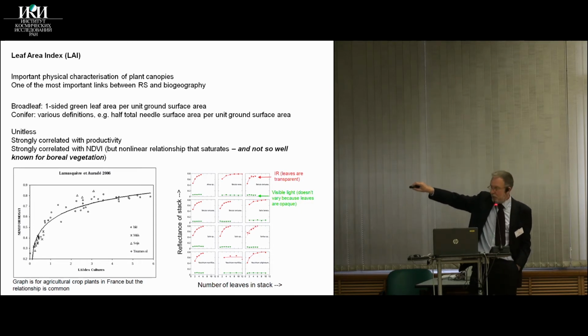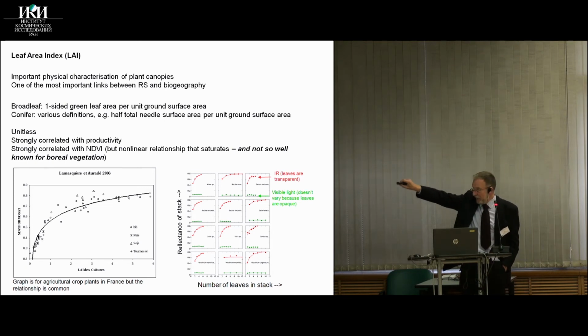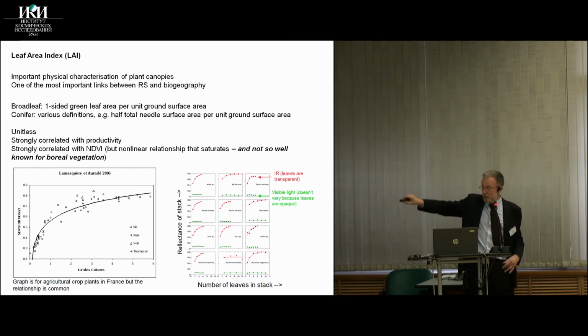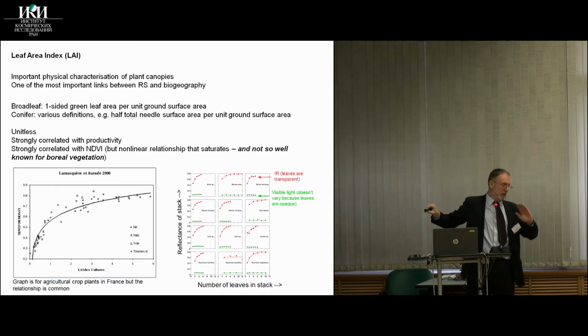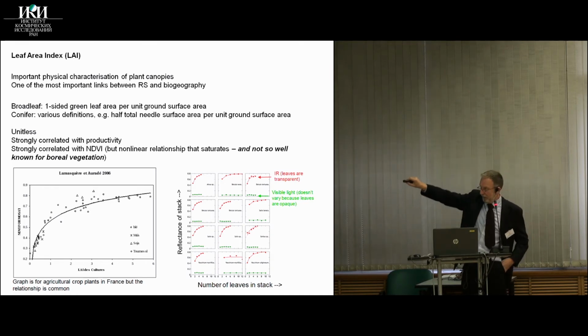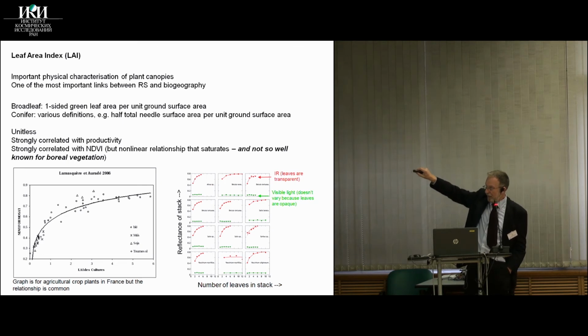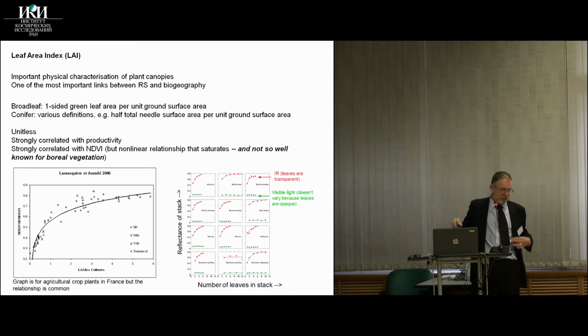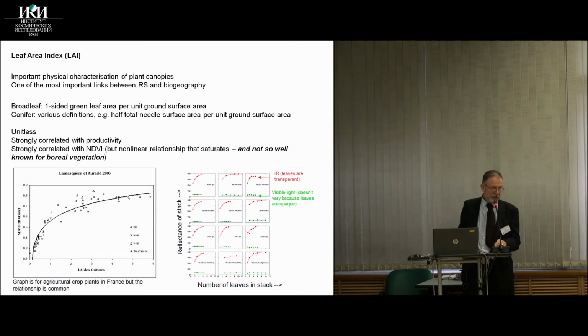It's for agricultural crops in France, but it shows a typical relationship. Here is the leaf area, sorry, it's in French. Here's the leaf area index. Here is the NDVI. Here is the relationship that is monotonic but starts to saturate. So when the leaf area index becomes higher, the amount of change you get in the vegetation index gets smaller.